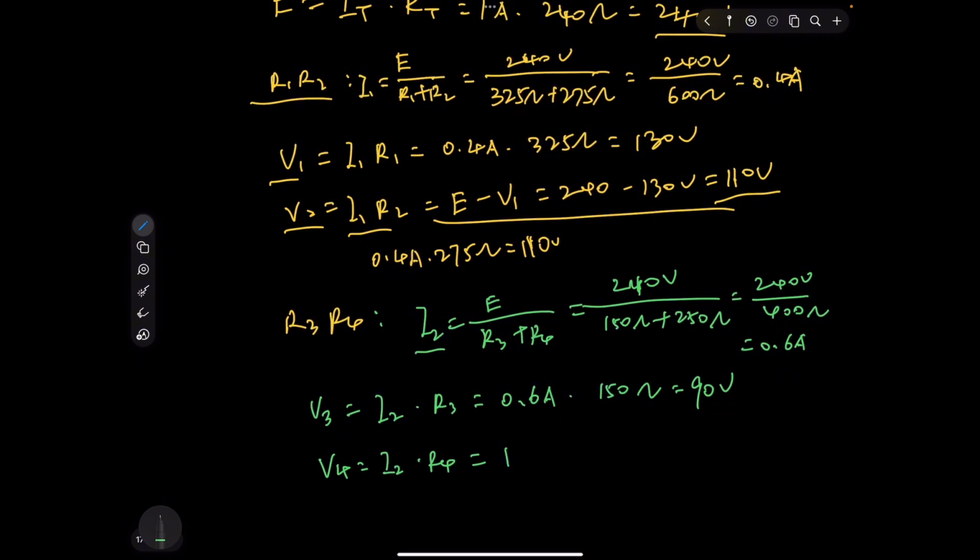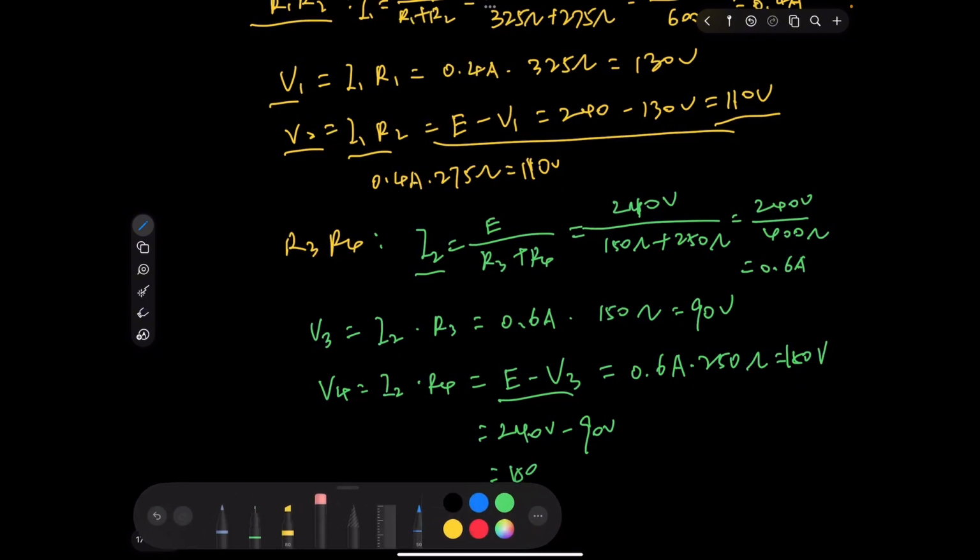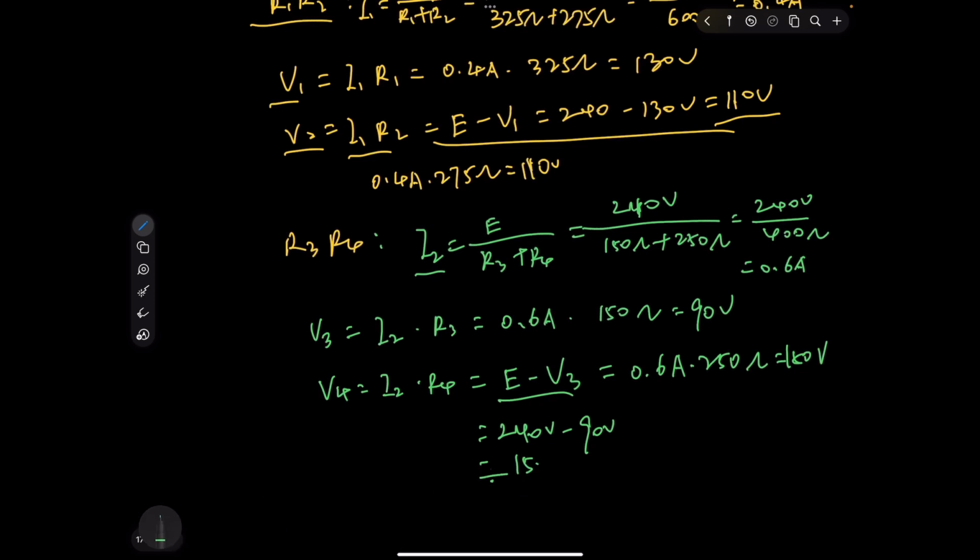We can also use E minus V3. 0.6 amps times 250 ohms is 150 volts. If we use this, it's 240 volts minus 90 volts. It's also 150.